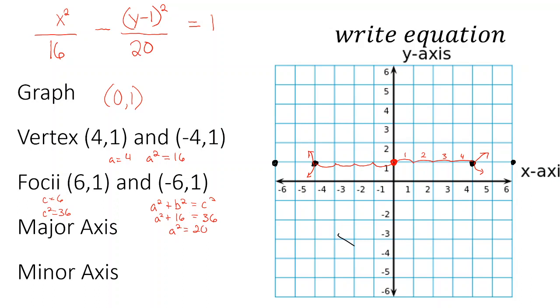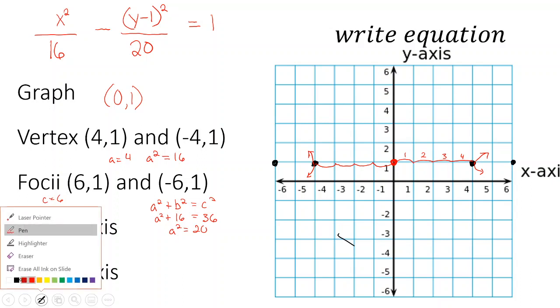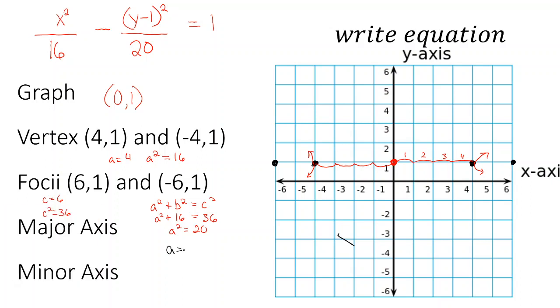Oh, we got to graph it too. So that means b is at plus or minus the square root of 20. I'm guessing the square root of 20 is a little bit less than 4.5. Let me try on my calculator. Square root of 20 is 4.4. We've done that today already.